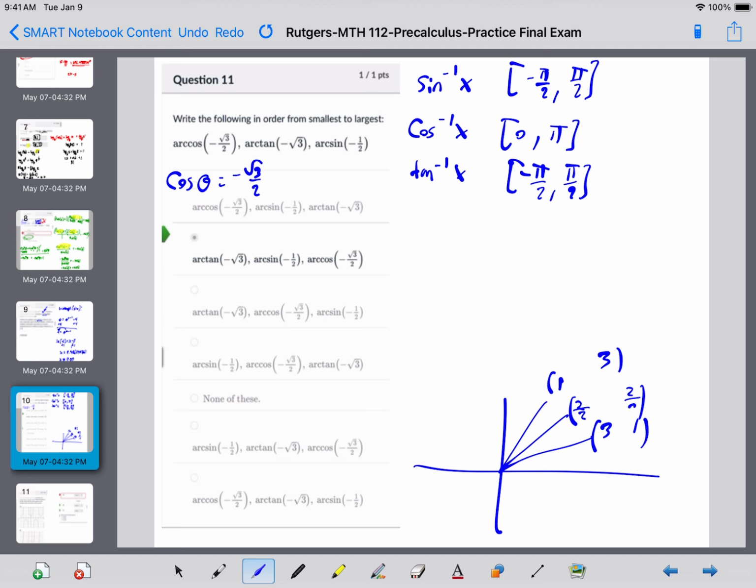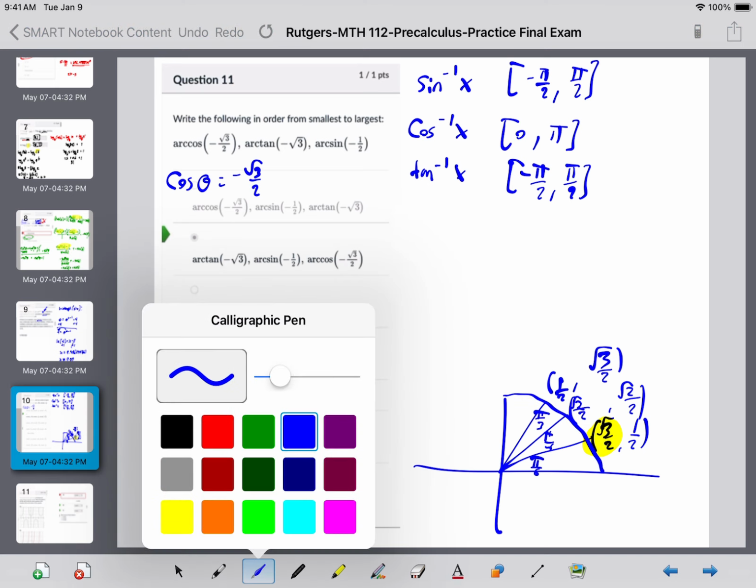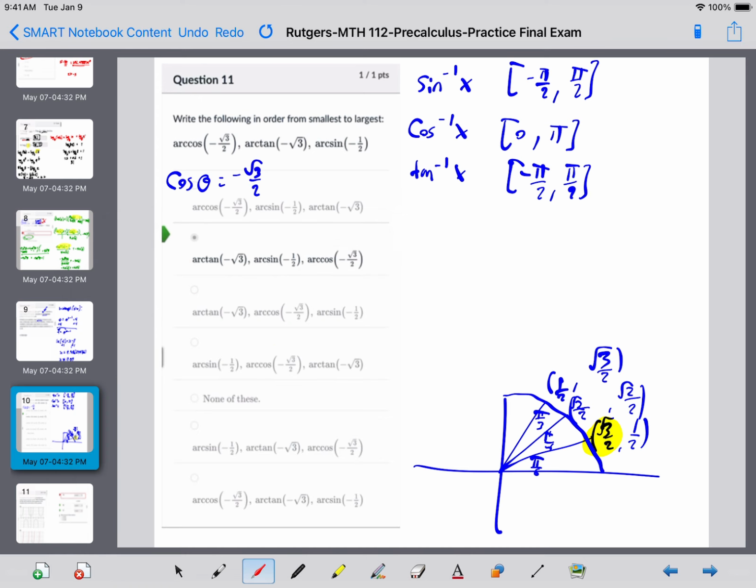All of them are over 2, and all of them have a square root in the numerator. You don't have to include it with 1, because the square root of 1 is 1. So cosine is your x values. So that's going to be for pi over 6, right? So we know it's going to be the reference angle of pi over 6.